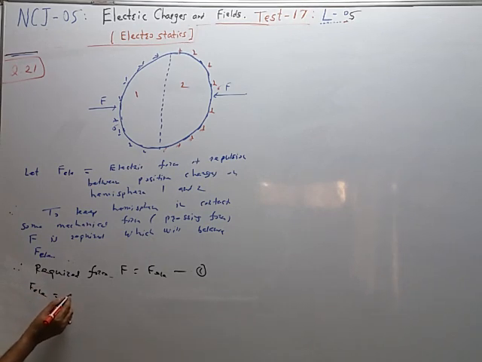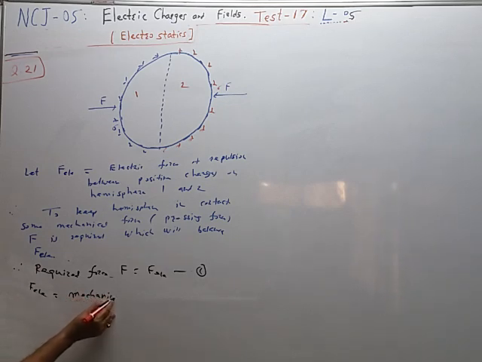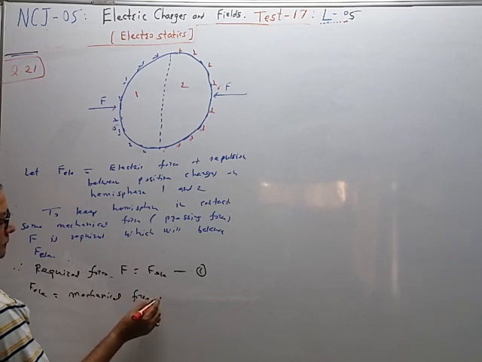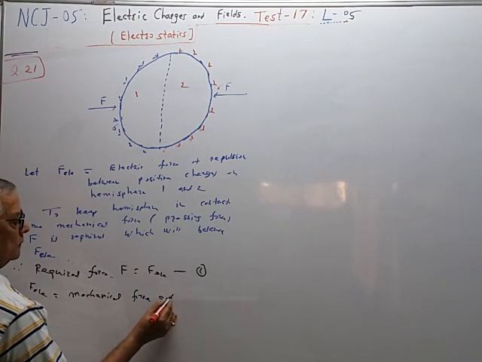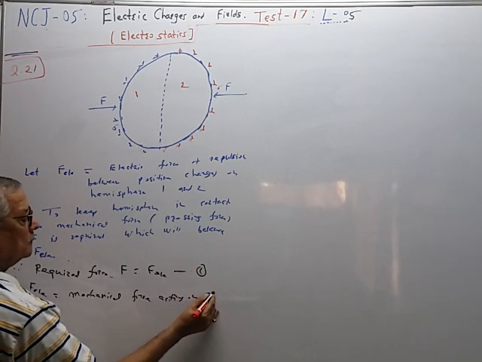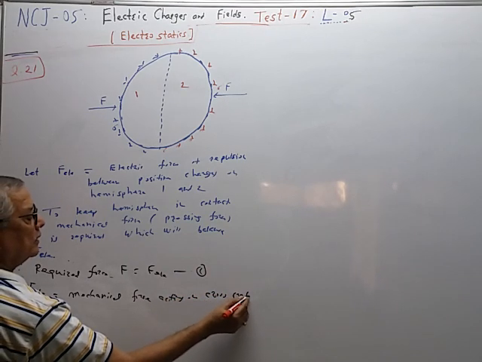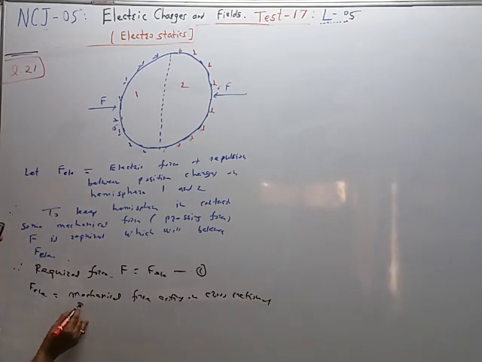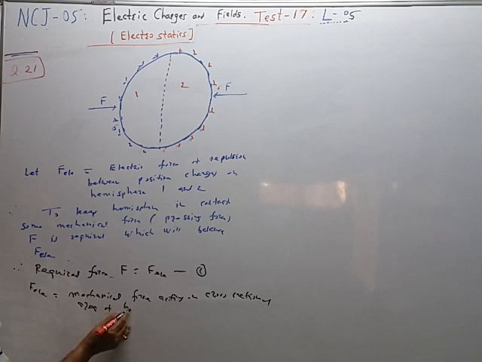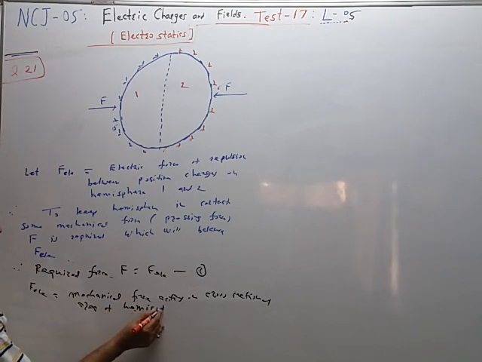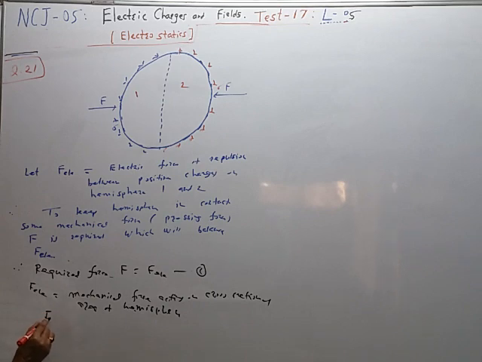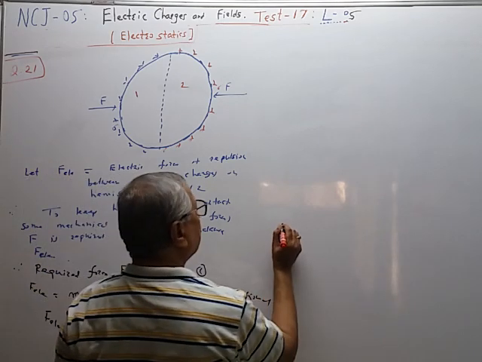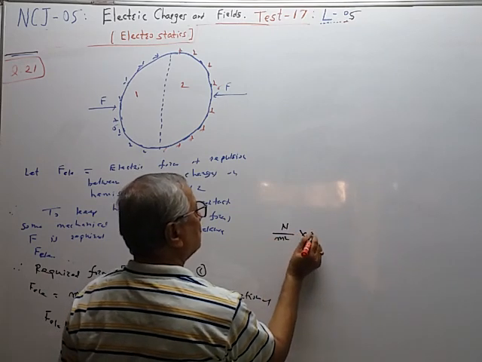F electric is equal to mechanical force acting on cross-sectional area of hemisphere, and therefore F electric is equal to, so force is in Newton, so we can calculate like this: Newton per meter square multiplied by meter square.